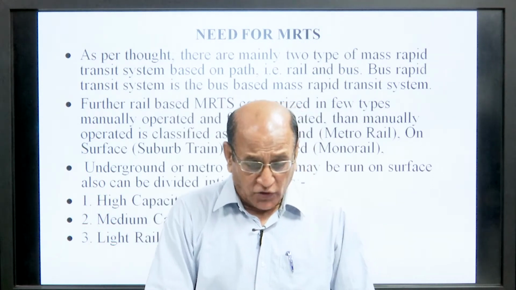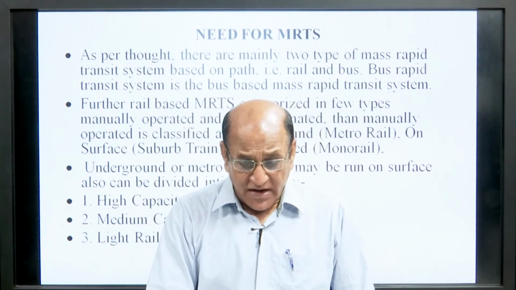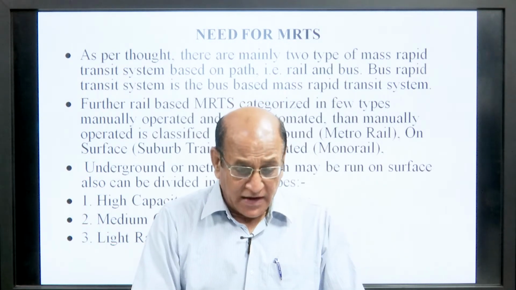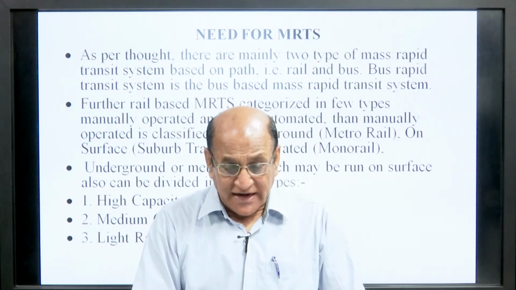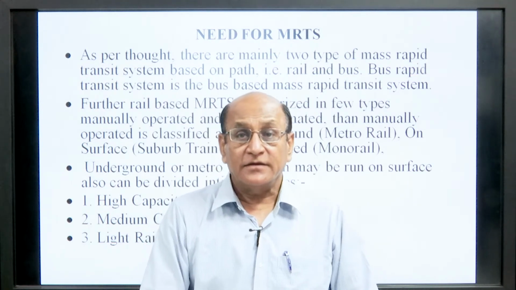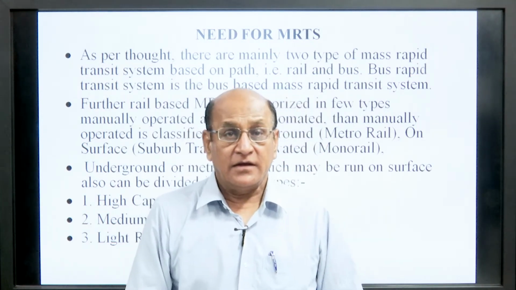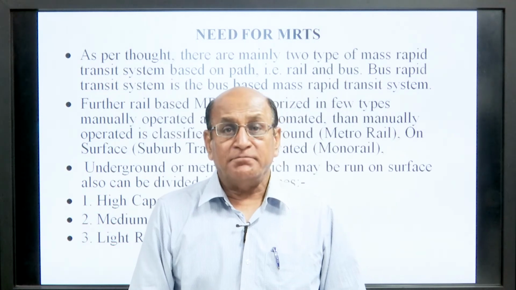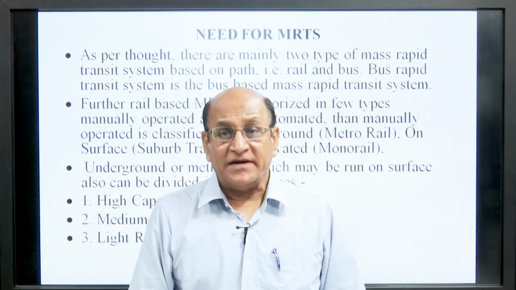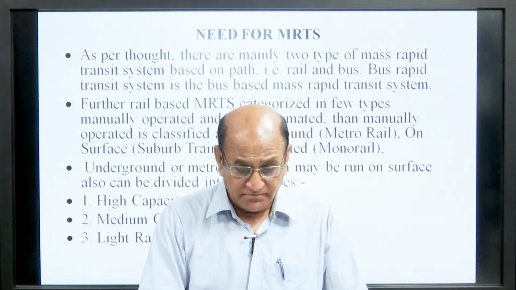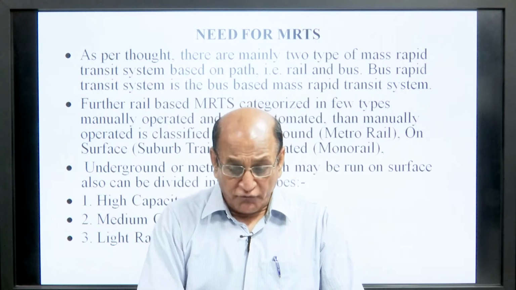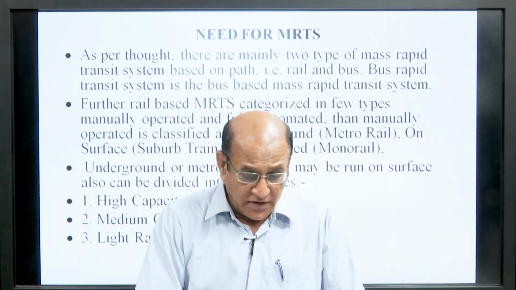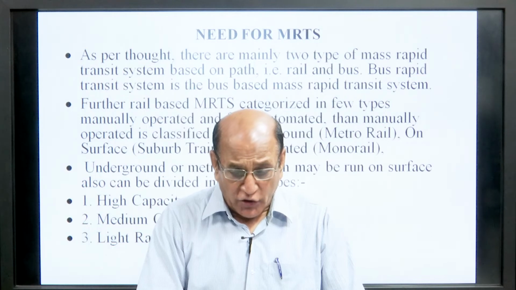As per thought, there are mainly two types of mass rapid transit system based on path, that is rail and bus. Bus rapid transit is based on buses. Further, rail based MRTS is categorized into a few types, manually operated or fully automatic.